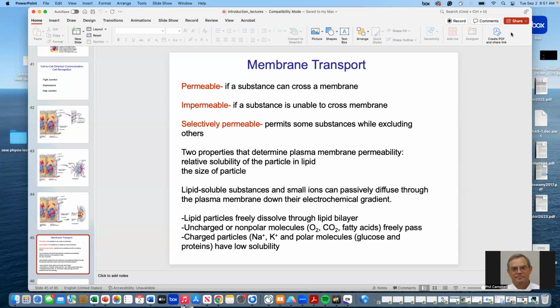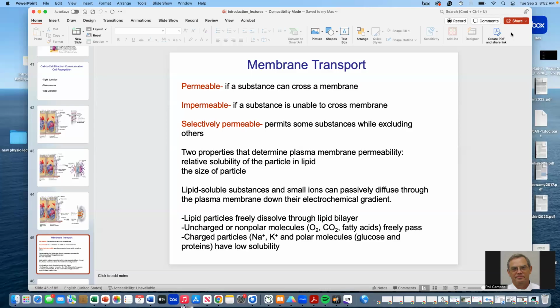But now comes the second aspect. Not only is it soluble in lipid, how big is it? The bigger it is, the harder it is to pass through. So size and hydrophobicity are the two aspects that determine whether it is permeable through the plasma membrane directly, right?